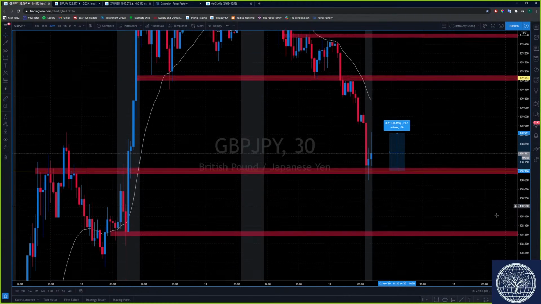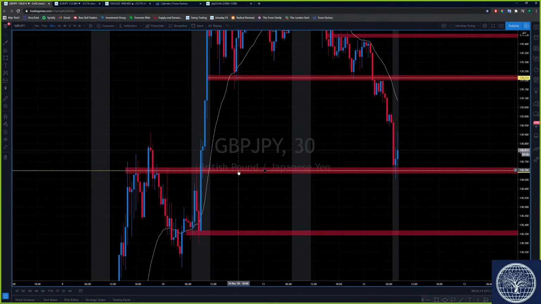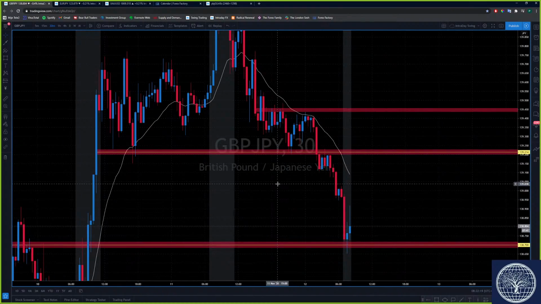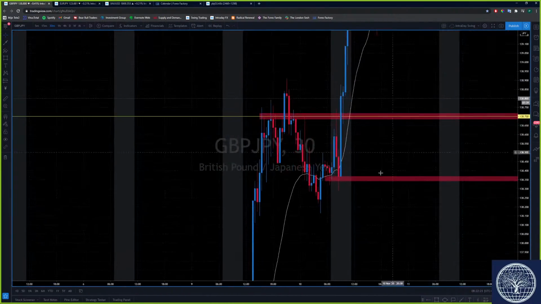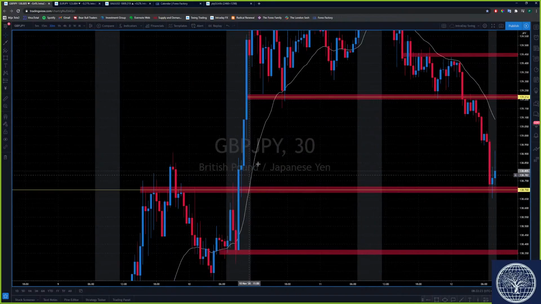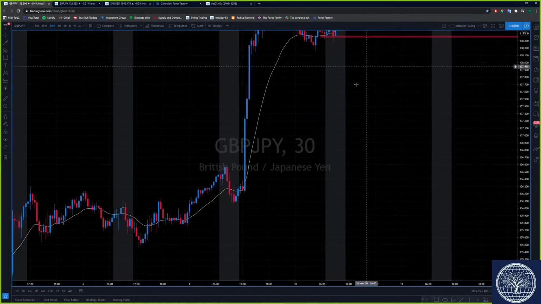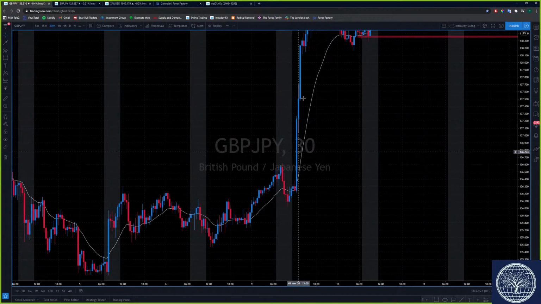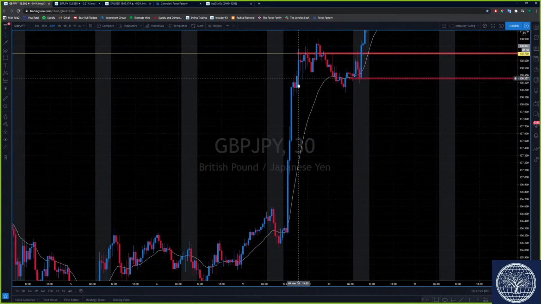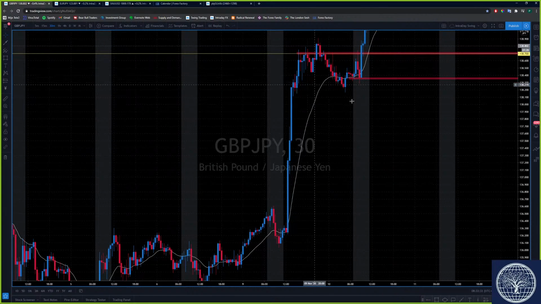Yeah, but the thing is, you don't know if price will respect this level or not. With GJ, if it breaks a level, it just keeps on going. And what are you going to do at that point?